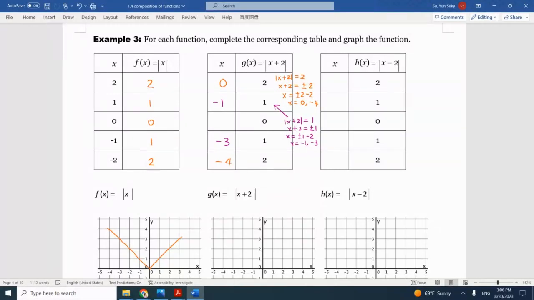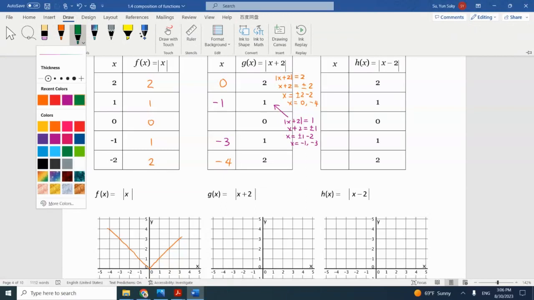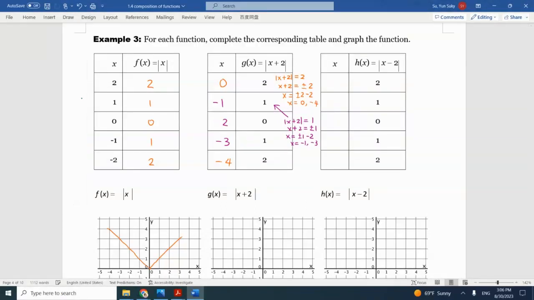Yes, everybody? And okay, last number is -2. Because you get absolute value of x plus 2 is 0. It means x plus 2 must be 0, so x is -2. So this is different. We actually set the expression equal to the number, and we solve for x.